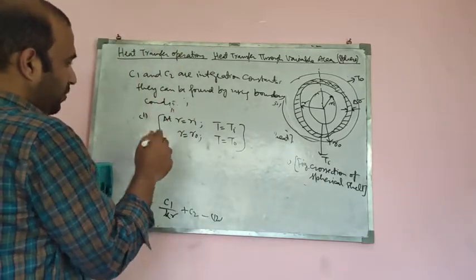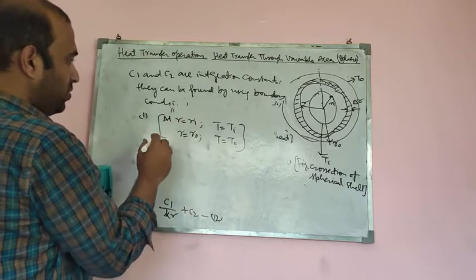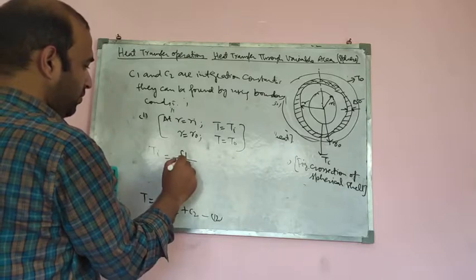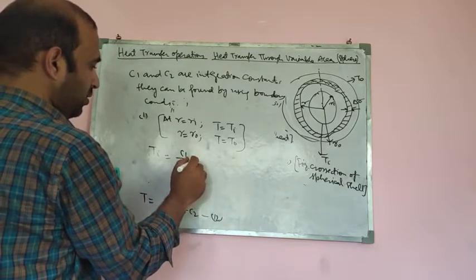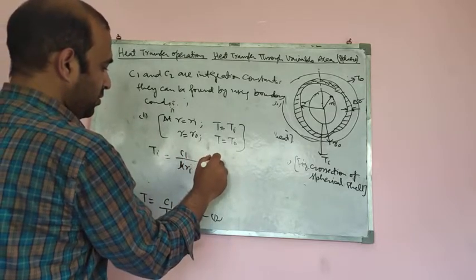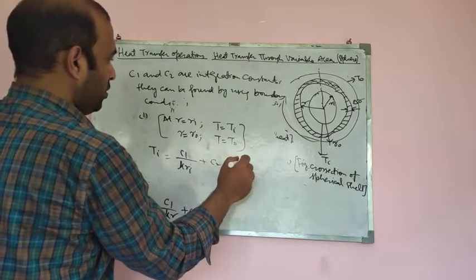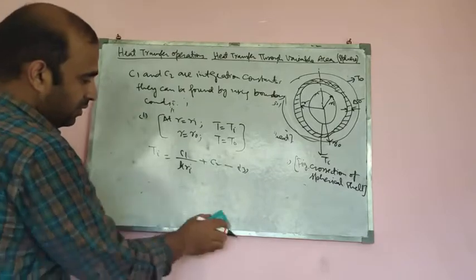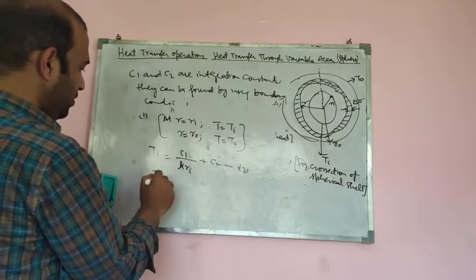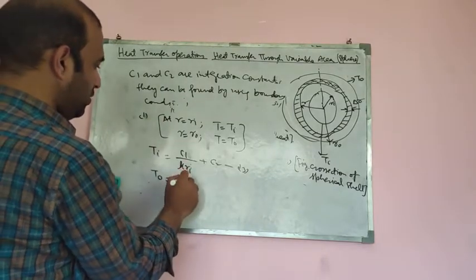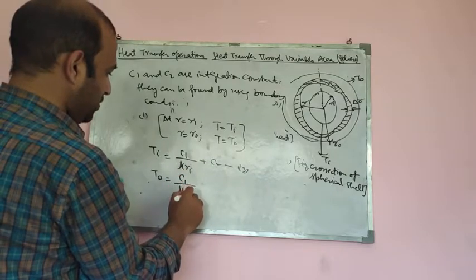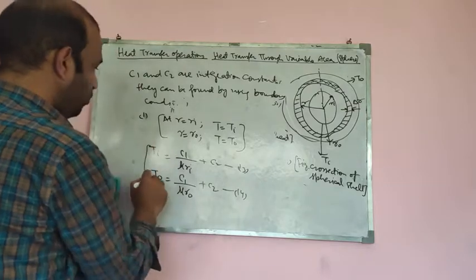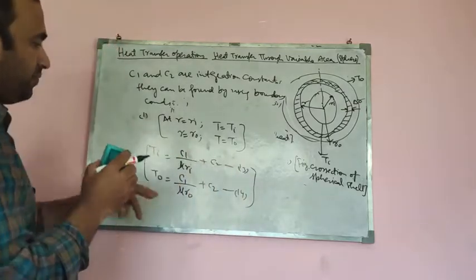If I first apply the first boundary condition, r equal to ri, I should get Ti is equal to C1 by k ri plus C2. Let's call this equation 13. Second, at r equal to r naught, T0 is equal to C1 by k r0 plus C2. Now I have got two equations, equation 13 and equation 14.